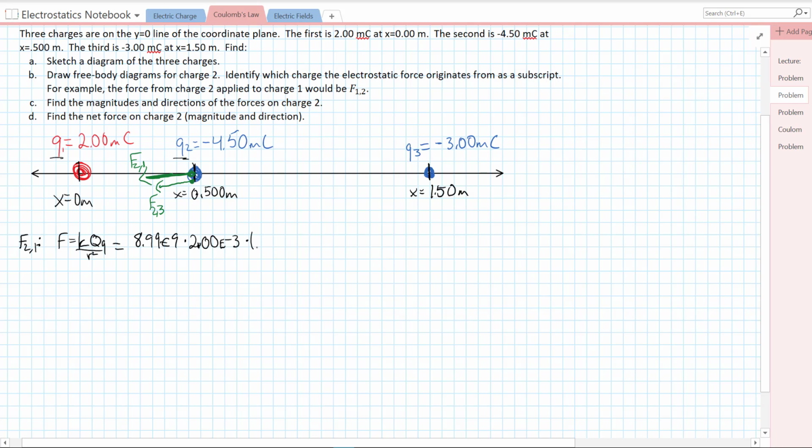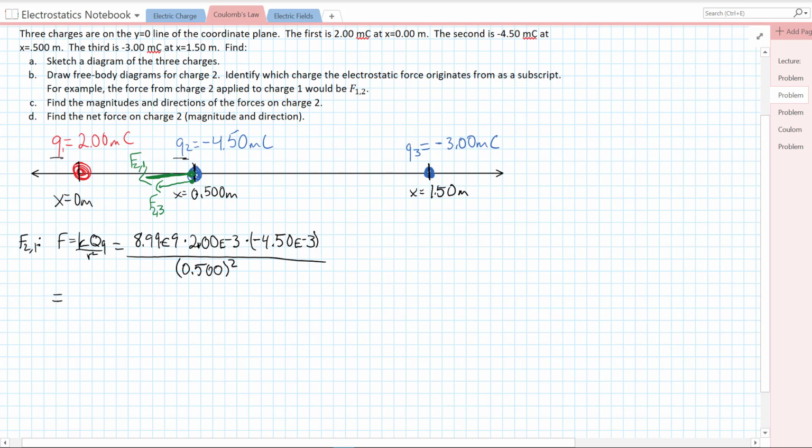Charge 2 is -4.50 times 10 to the minus 3 coulombs. And the distance between charges 1 and 2, well, it's between 0 and 0.5 meters, so that distance is just 0.500 meters, and that whole distance is squared. That'll give us the force on 2 from 1, or the magnitude at least.